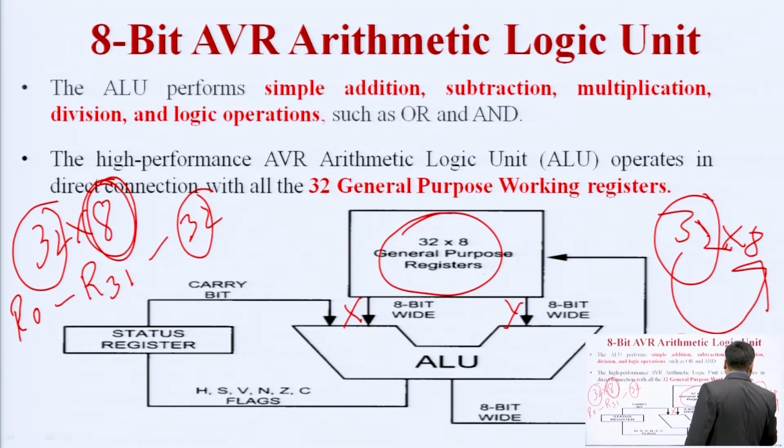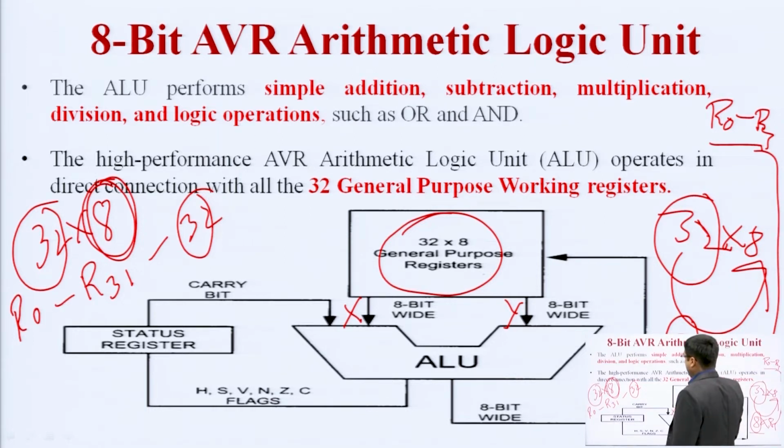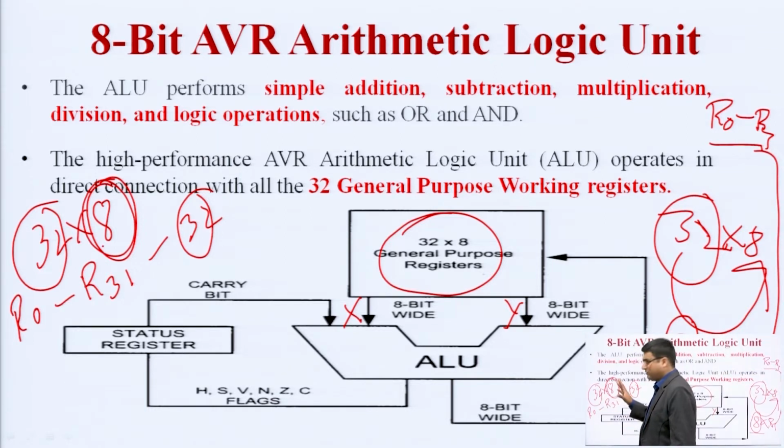If we write 8 into 8, it means 8 general purpose registers, like in the 8051 microcontroller where R0 to R7 are available, each of 8 bits. So the meaning of 32 into 8 should be clear.